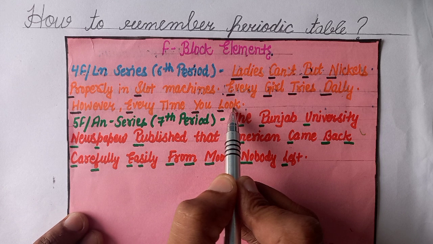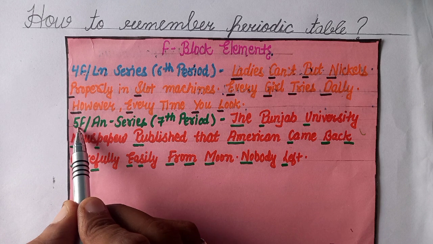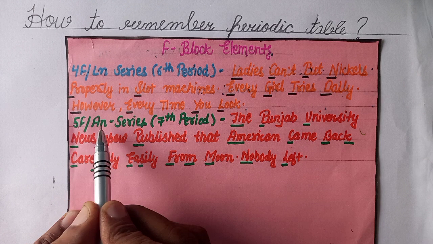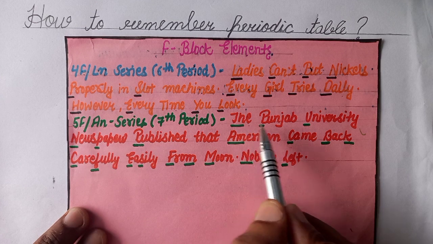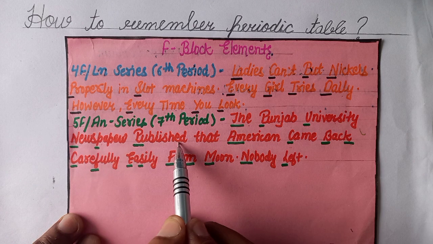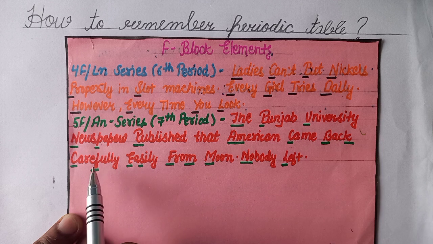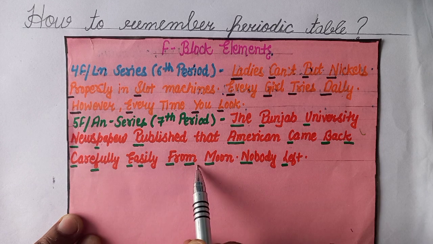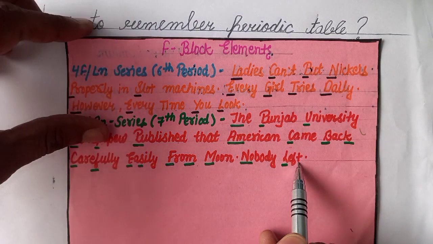Similarly, the trick for the second series or 5f series or actinoid series is: the Punjab University newspaper published that American came back carefully, easily from moon, nobody left.